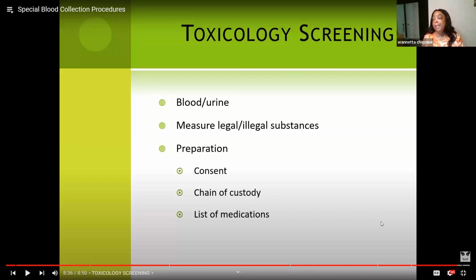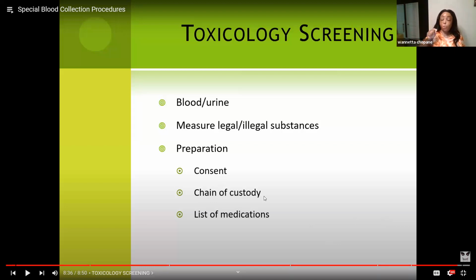I said all of that to say those 4 tests, alcohol, drug, paternity, and DNA tests, if ordered by the courts, then we need not only a consent, but we need a chain of custody form. Okay, what that means is it was ordered by the court, by the judge.